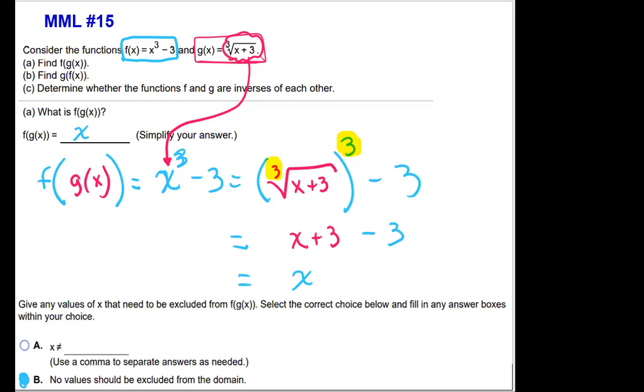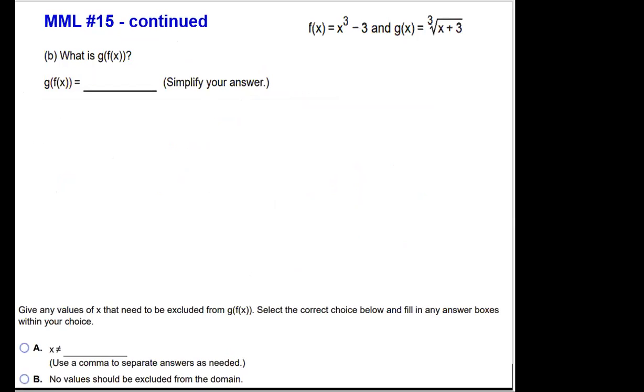Now that was part A. Now we're going to part B. And just keep in mind, this was the blue. And this was the pink. And now we're doing g of f of x. So we're going to put the blue function into the pink one.